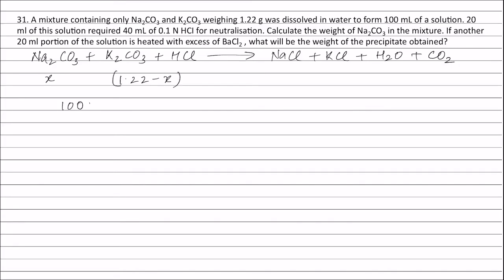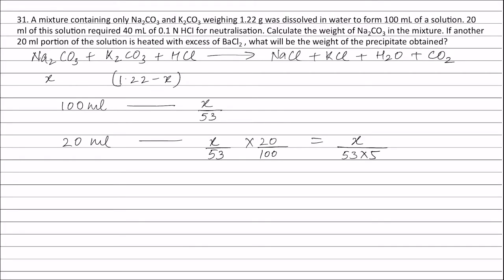Now 100 milliliter solution of the mixture contains x by 53 equivalents of sodium carbonate, where x is the weight of sodium carbonate and 53 is the equivalent weight of sodium carbonate. Therefore, 20 milliliter of the solution will contain x by 53 into 20 by 100, and this is equal to x by 53 into 5 equivalents.